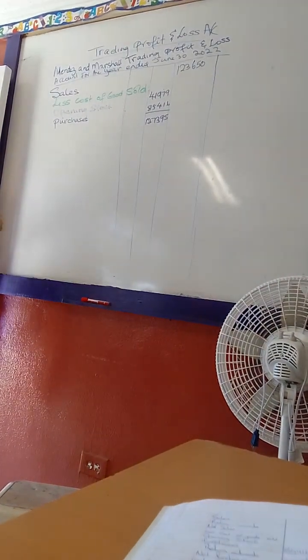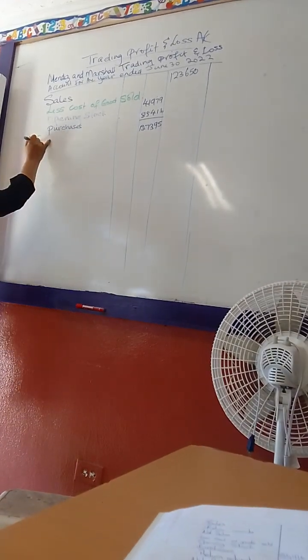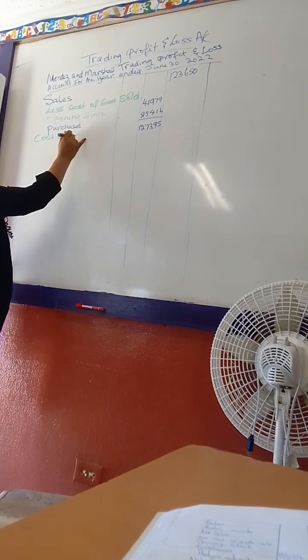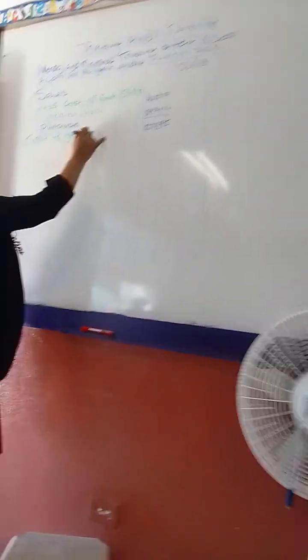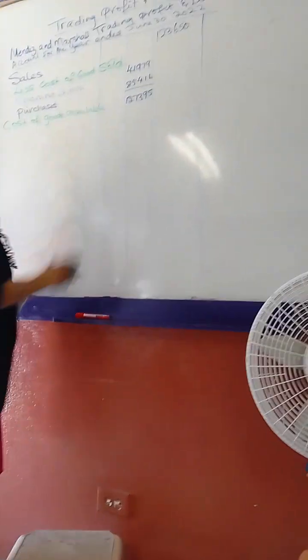And this figure is called cost of goods available. I'm putting these in different color ink so that we can see what is happening at the different points.